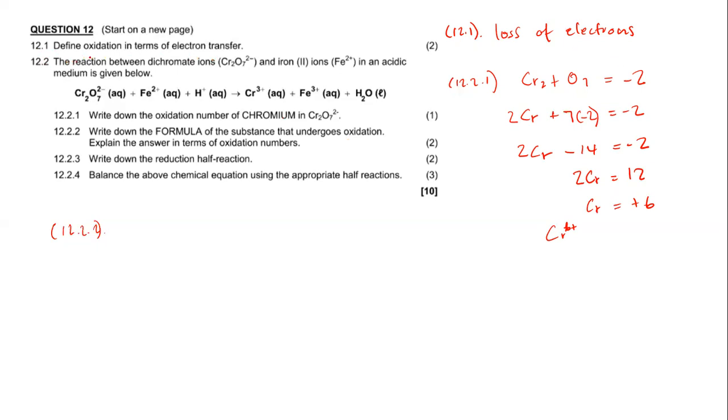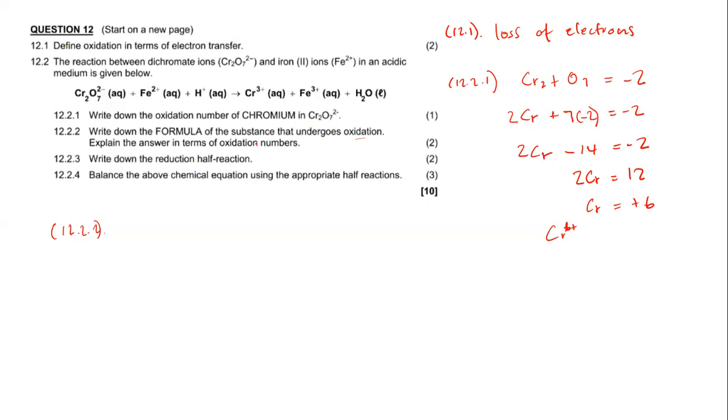Sometimes they can say define oxidation in terms of oxidation number. This is the same, but now we're going to talk in terms of oxidation number, because they say write down the substance that undergoes oxidation and then explain that. It's the same as saying define oxidation.